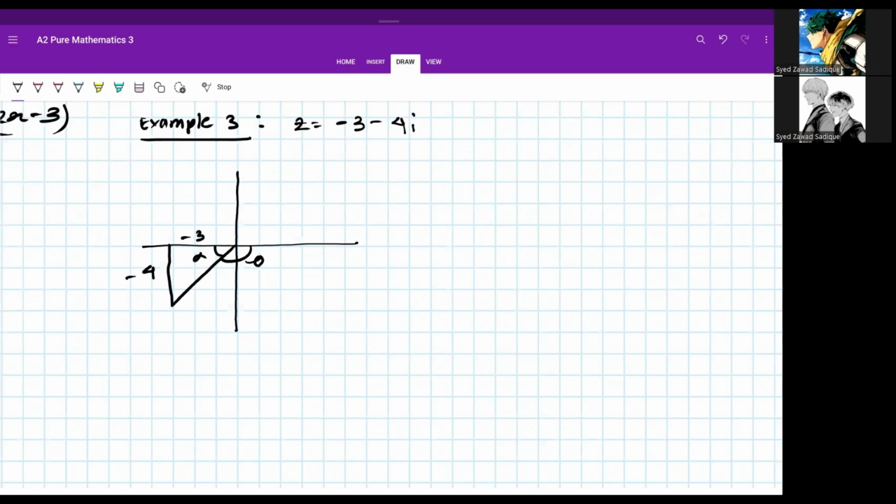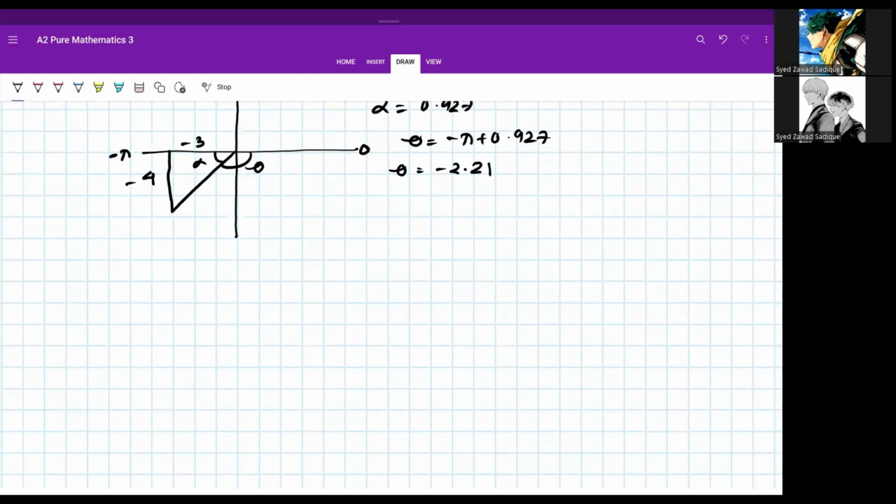So the modulus of z is equal to 5, alpha is equal to 0.927. Now this is minus pi and this is 0. Theta is equal to minus pi plus 0.927, so theta is equal to minus 2.21 radians.